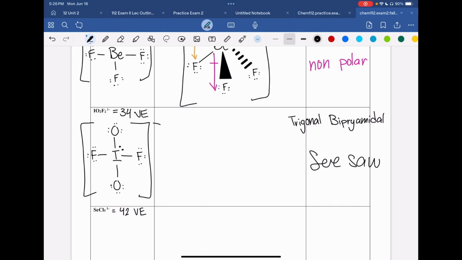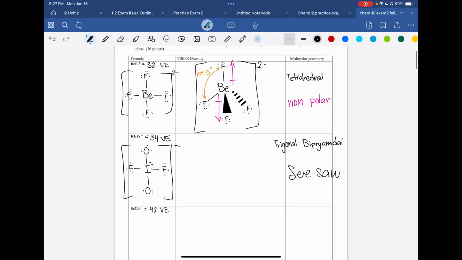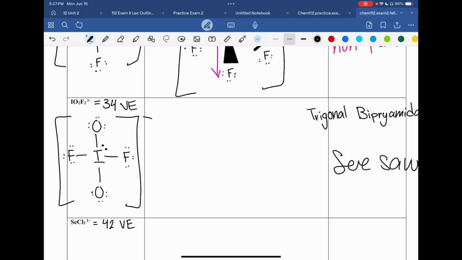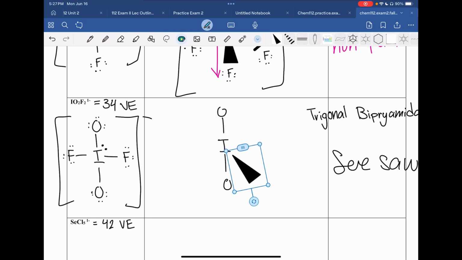You should know that. I can't help you. This is strictly memorization. You have to focus, lock in. It's memorization. I can't really help you. I made flashcards. That's the only best I can do. Your seesaw, you should be drawing, looks like this. My handy dandy little stickers.